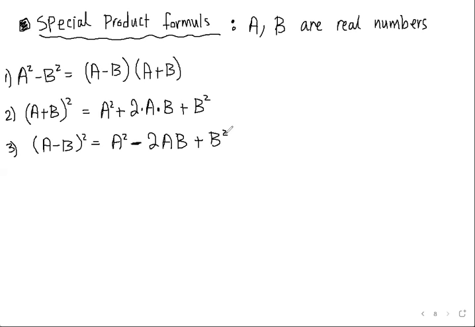Makes sense? It wouldn't be minus B squared. No, it will be positive B squared. Just the minus will be in the middle. Only here positive, here negative, and everything positive. Got it? Makes sense? Okay.